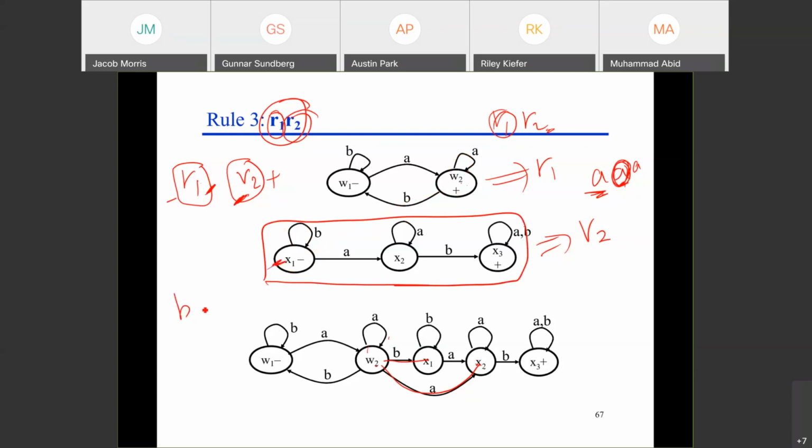Is it possible that we can have 3 b's? Yes, we can, because it has a loop here. Now, to make sure that you can also get this, 1b will reach you here, and after that, whether you have more than 1b's or not is your choice, but you need 1b here to reach to here.